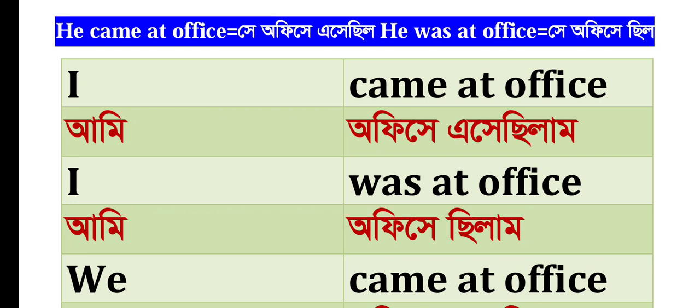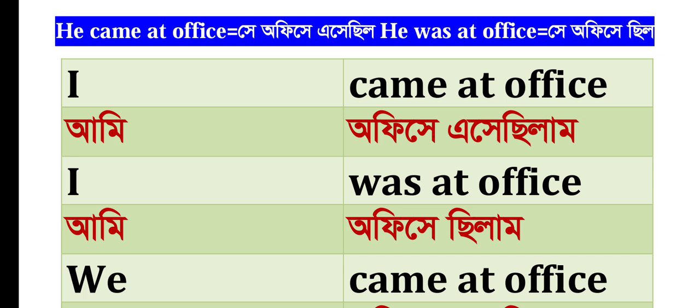Today I have brought a new lesson. That lesson is the past form of do verb and be verb together. What will be the benefit of this do verb and be verb? Maybe you have asked some question, because you know the do verb, because I have taught it many times.